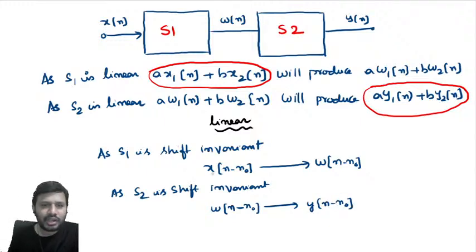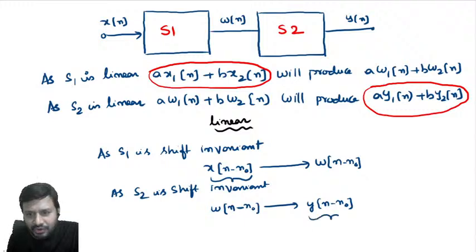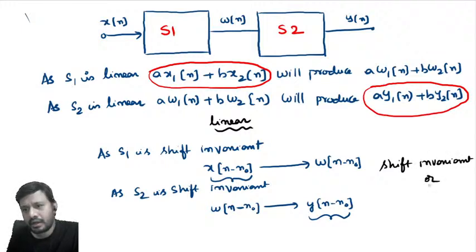Now if you observe the overall input output relationship, x of n input delay is equal to output delay. Yes, shift invariant or time invariant. So the cascade connection is shift invariant or time invariant.